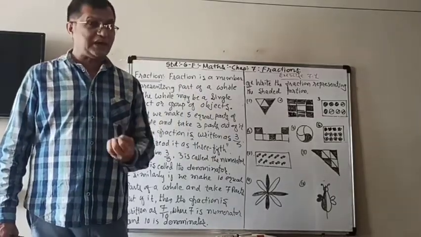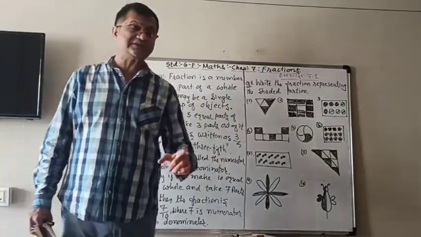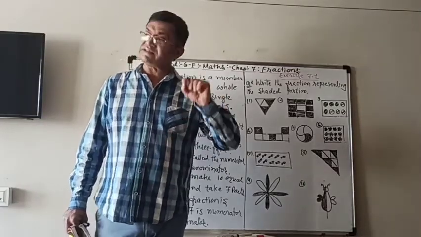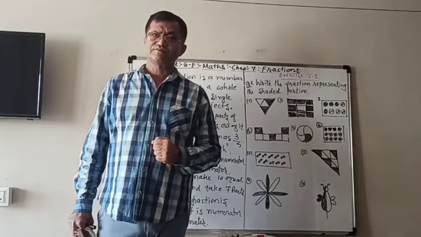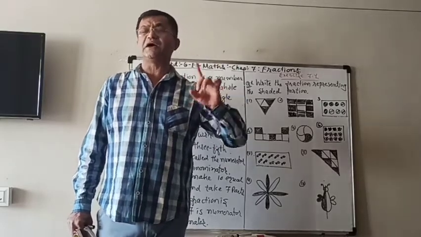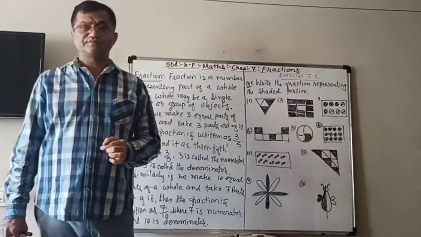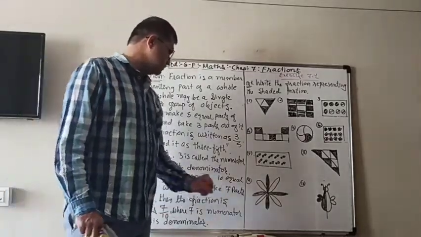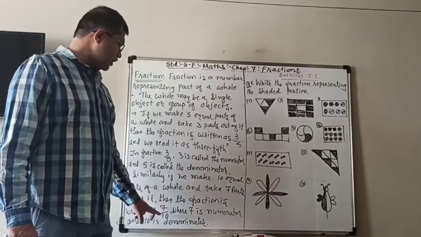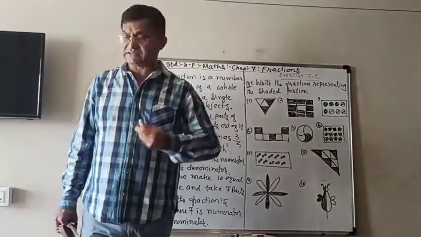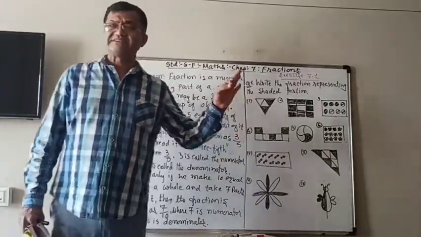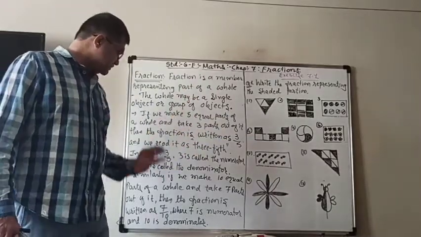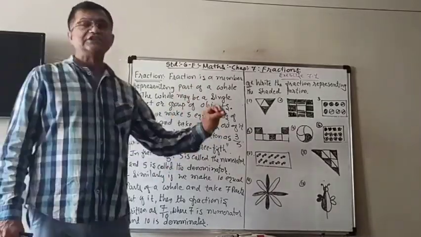And out of 10 equal parts, how many parts did we take? We took 7 parts. So 7 is written in the numerator. So we write it as 7 upon 10, or read as 7/10, where 7 is the numerator and 10 is the denominator.